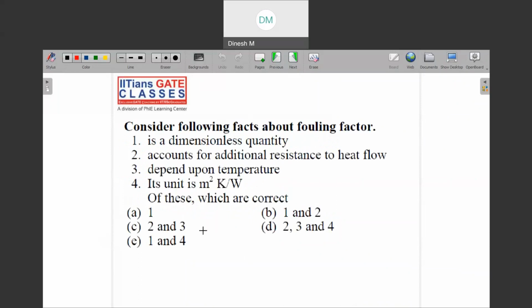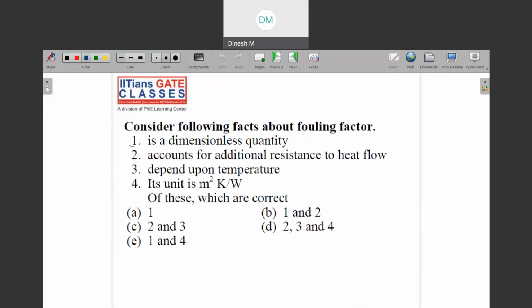Then it says, consider the following facts about the fouling factor. So let us read them one by one. Is it a dimensionless quantity?